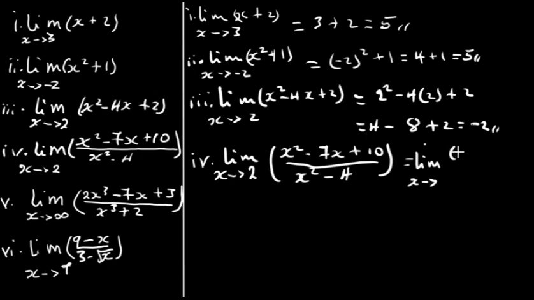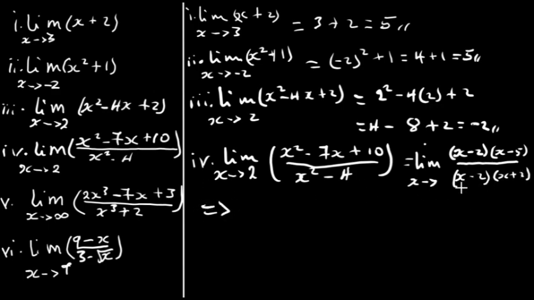So this is going to be x minus 2 and x minus 5, all divided by, simplifying the denominator, that one is a difference of 2 squares. So expanding it is going to be x minus 2 and x plus 2.